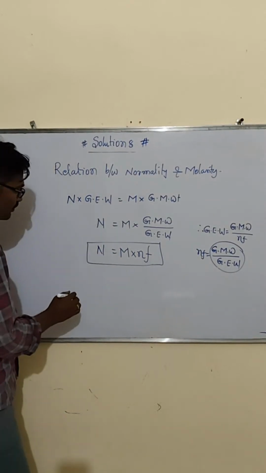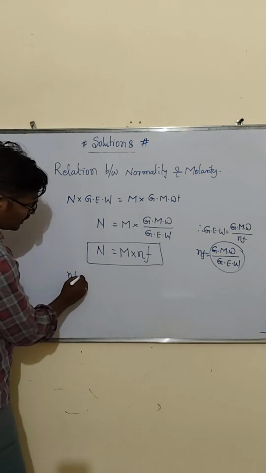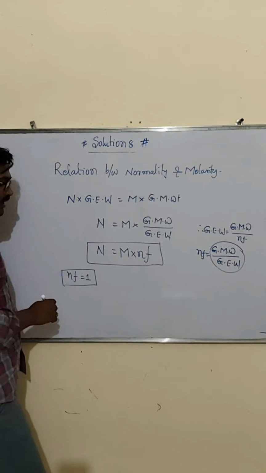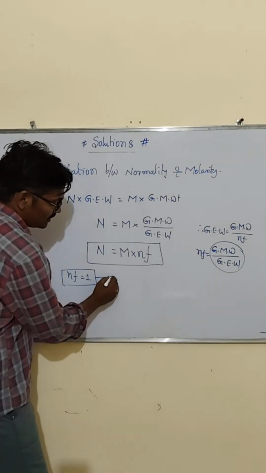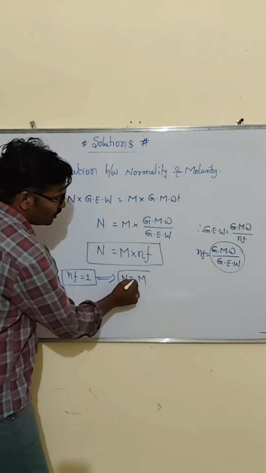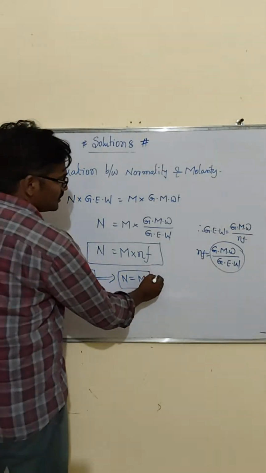Remember one point here: when the n factor is 1, in that case normality equals molarity, both are the same.